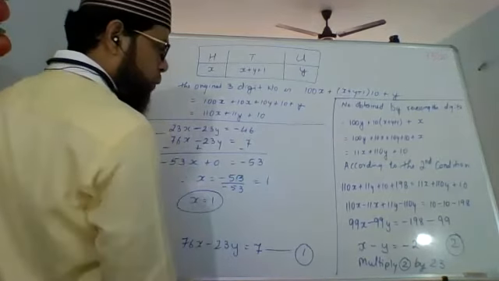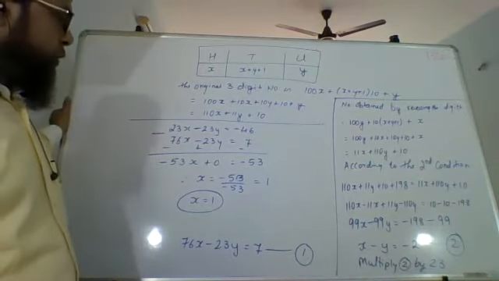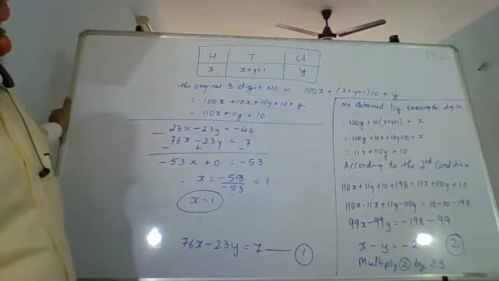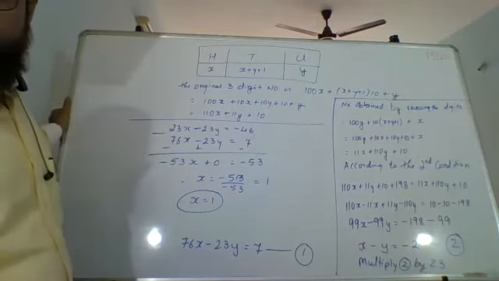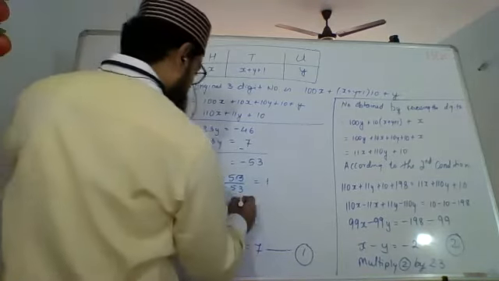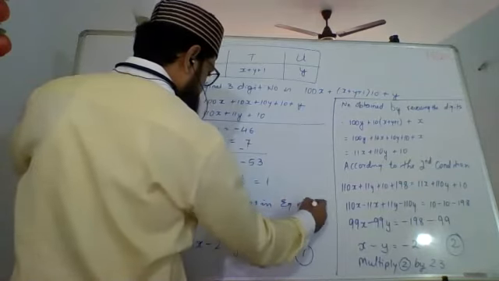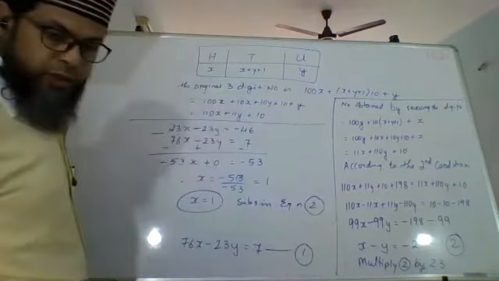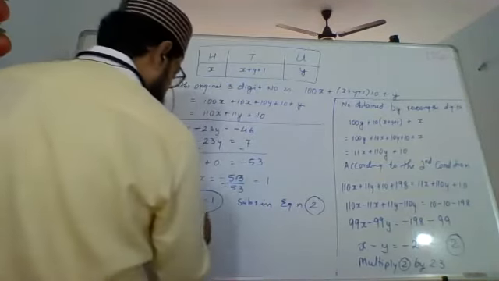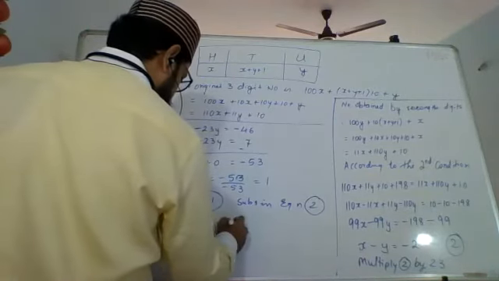x equals 1. Substitute that in the second equation to get y equals 3. If you substitute that over here in equation 2, so equation 2 is x minus y equals minus 2.